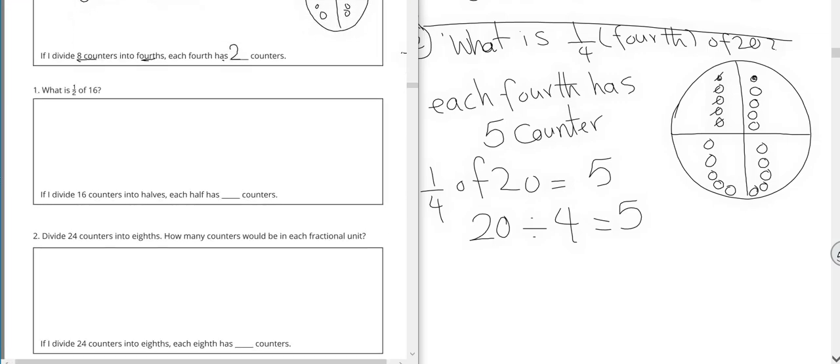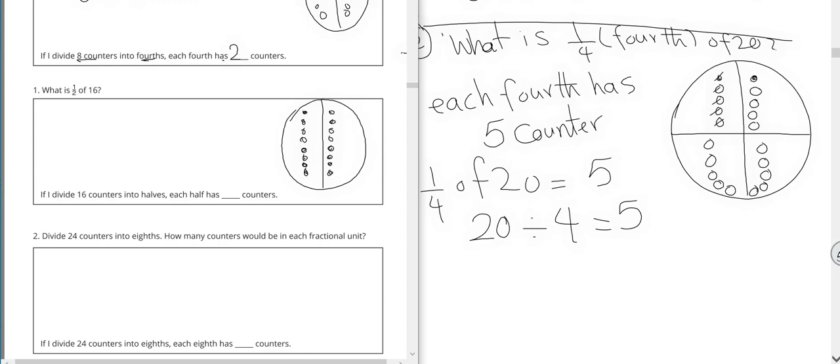The second one, what is half of 16? One whole equals 2 halves. We will distribute 16 among 2 halves. 1, 2, 3, 4, 5, 6, 7, 8, 9, 10, 11, 12, 13, 14, 15, 16.